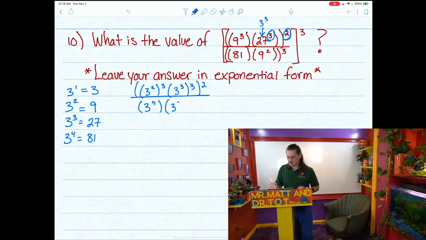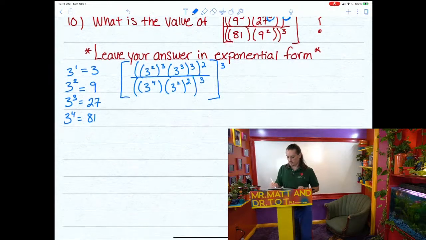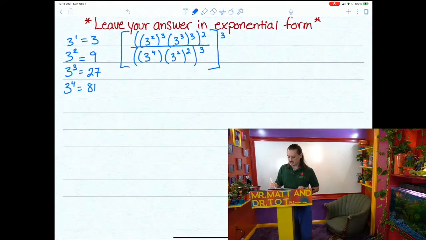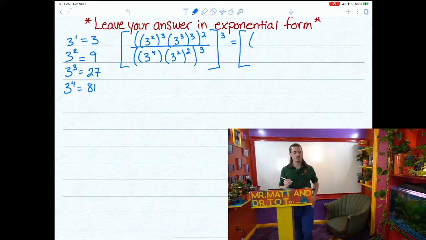This whole thing is still raised to the squared power, quantity squared, I should say. 3 to the 4th, we didn't have a power of a power there, so that just stays 3 to the 4th. Then we have 3 to the 2 times 2 power. That's also 3 to the 4th. Quantity raised to the third power. And then we have brackets of the whole function, the whole rational expression raised to the third power.